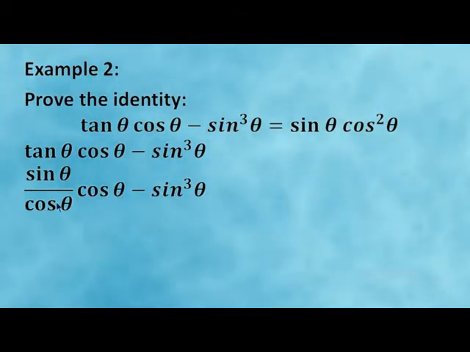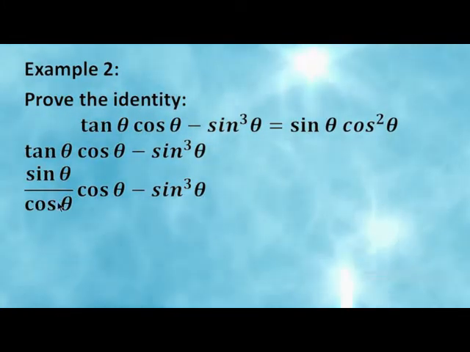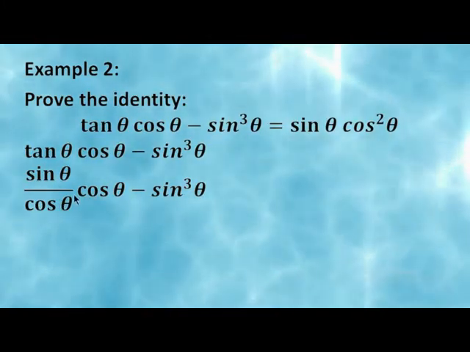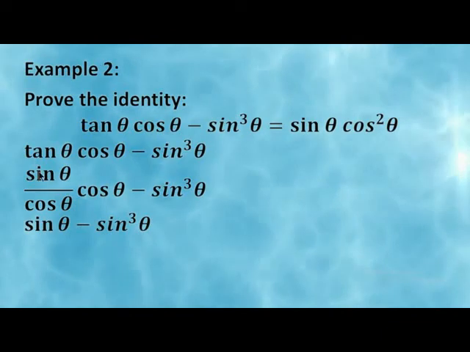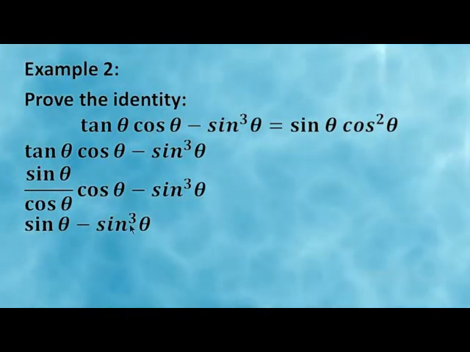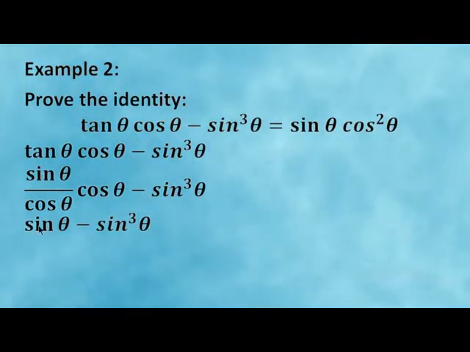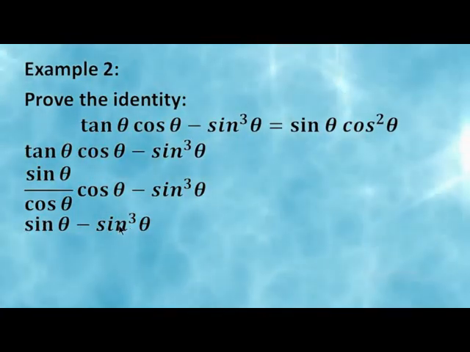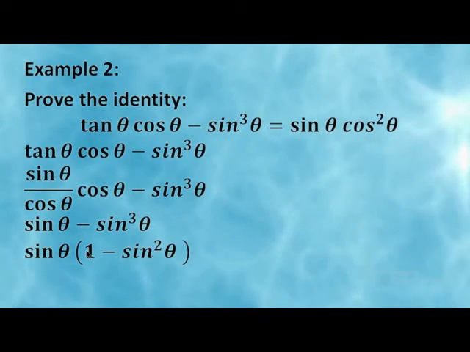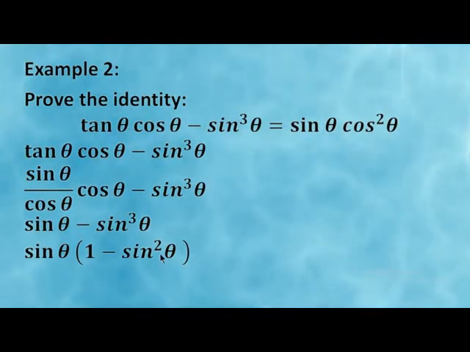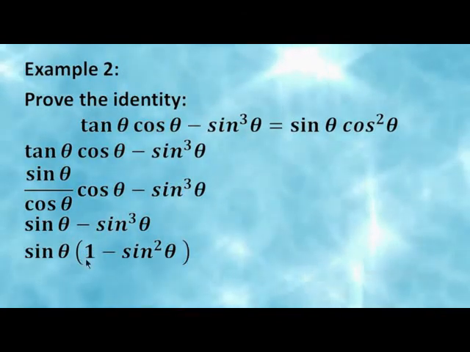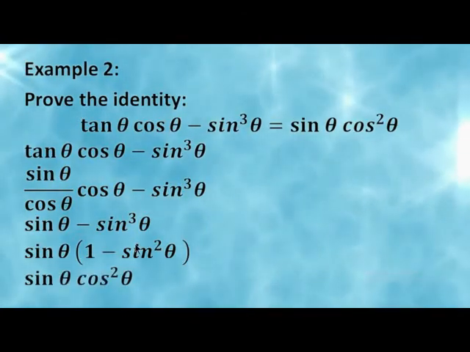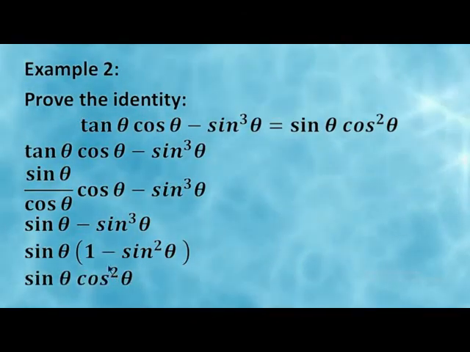You can dismiss the cos because there's a cos at denominator and there's cos here. So it is only sine theta minus sine cube theta. You can factorize this one because there is sine here and also there is sine here. Sine theta multiple with 1 minus sine squared theta. So we know that 1 minus sine squared theta equal to cosine squared theta.